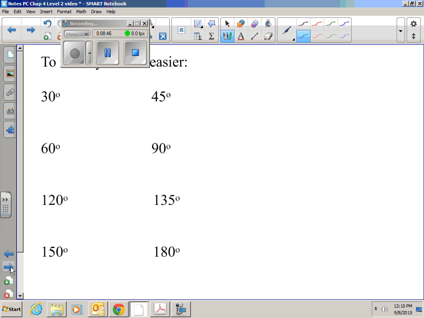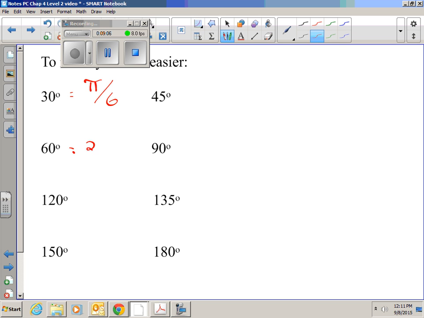All right, a couple things just to make your life easier. You probably just want to memorize these degrees to radians conversions. 30 degrees is pi over 6 because it's 1/6 of 180.